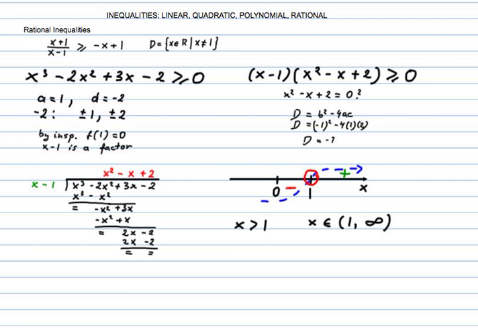Since the domain does not allow you to include 1, your statement must say x is greater than 1, not equal. Using interval notation, x is an element of the interval starting from 1, not including 1, comma, positive infinity.